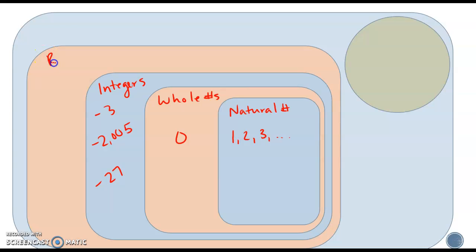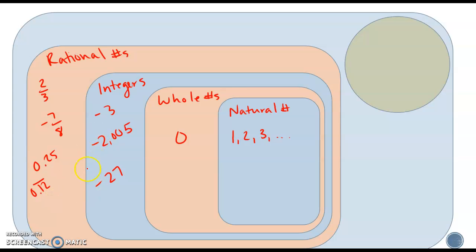And then we go to rational. Rational numbers. And that's when we can start writing these as fractions. So like 2/3 and -7/8. Terminating decimals, so 0.25, or repeating decimals, 0.12 repeating.